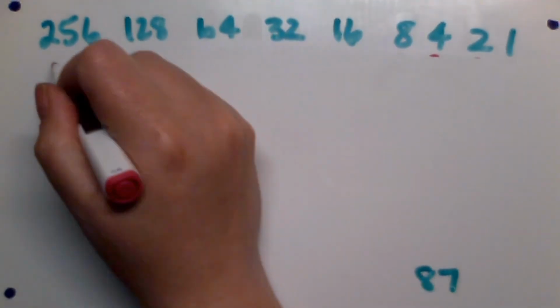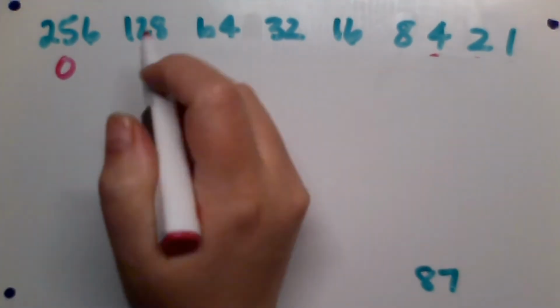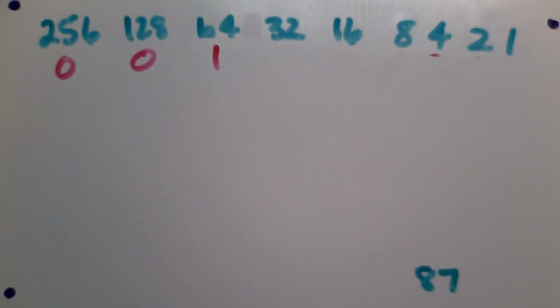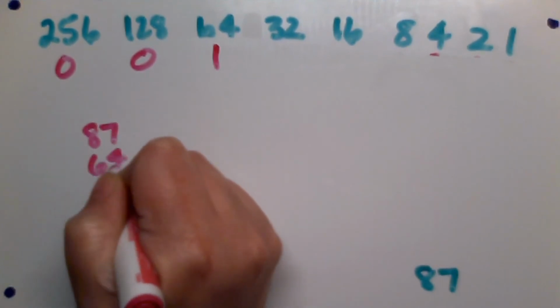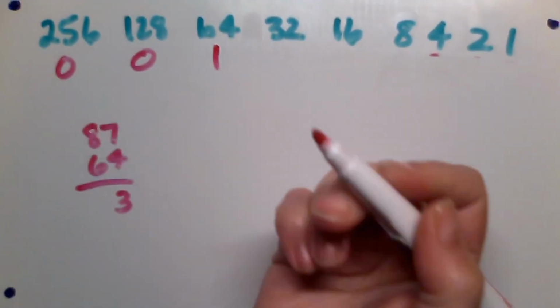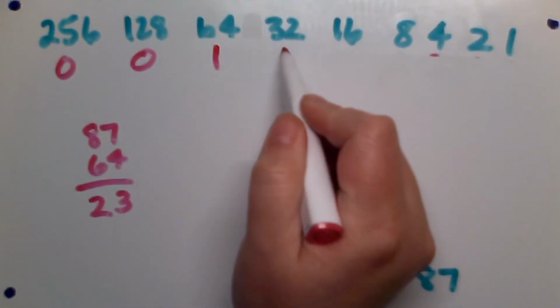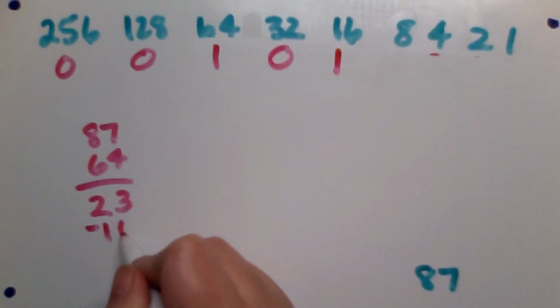We could actually do this too, just as practice. 256 can't, 128 can't, 64 can. So we're going to put a 1 in there. We then need to subtract 64 from 87, and we get 23. 32 cannot fit into 23, 16 can, so we'll put a 1, and then we need to subtract it.